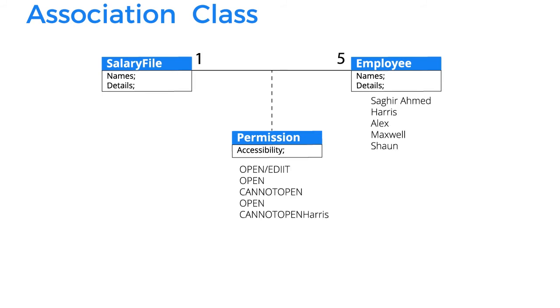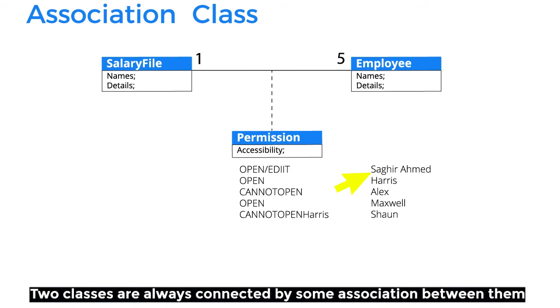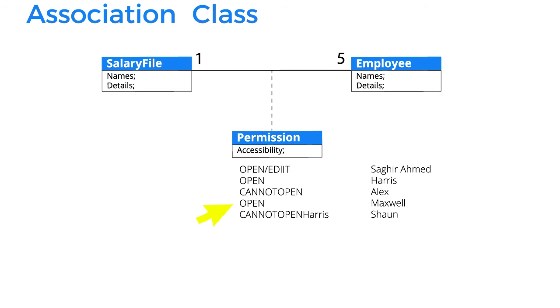Here Sagir Ahmed, Harris, Alex, Maxwell and Sean have different accessibility permissions to the class. The permission here remains the link or association between the salary file class and the employee class, but it is shown in a different way, with a dotted line, because now the association also contains its properties.